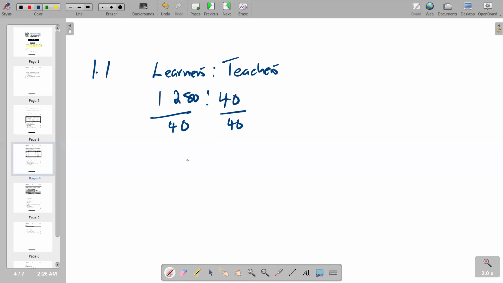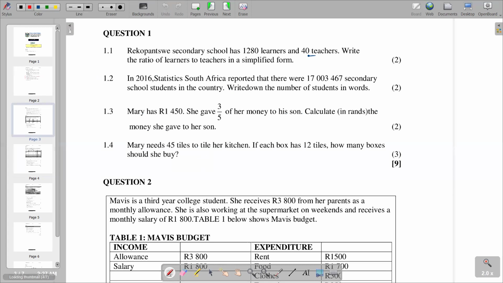So our ratio will be reduced down to 32 as to 1. As we say 40 into 1,280, we get 32 as to 1. So this is the simplified form that we can reduce our ratio to.